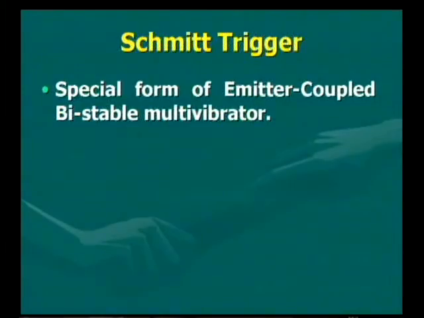We know a bistable multivibrator, which has two stable states, changes from one stable state to another stable state at the instant where we apply a negative trigger pulse to the on transistor. That means the rate at which the output of the bistable multivibrator is going to change depends upon the rate at which we are applying negative trigger pulses to the on transistors.